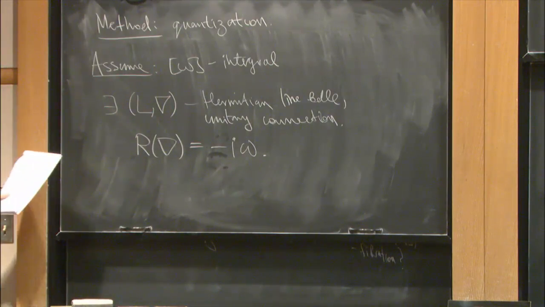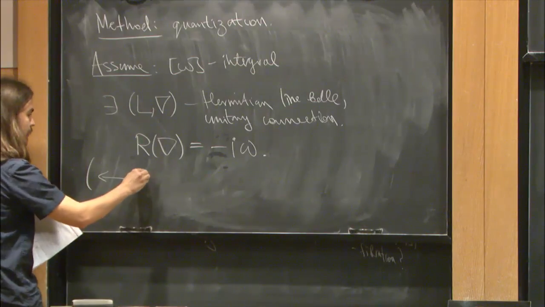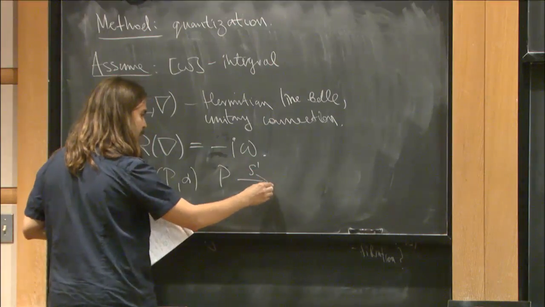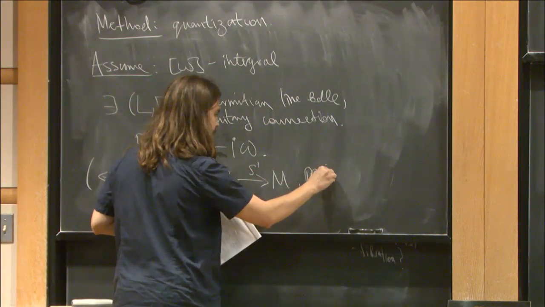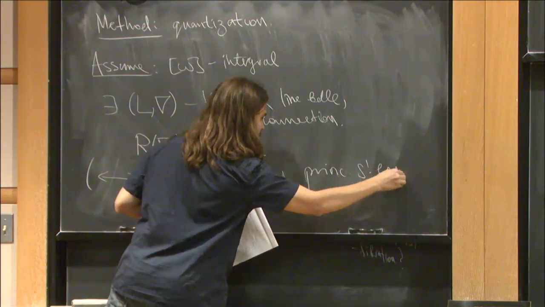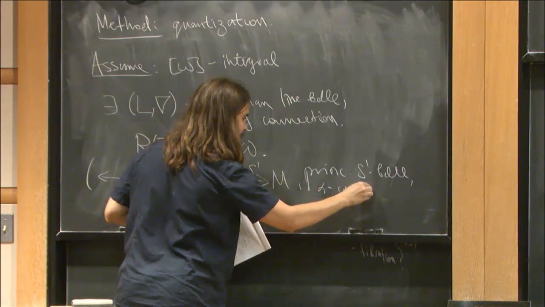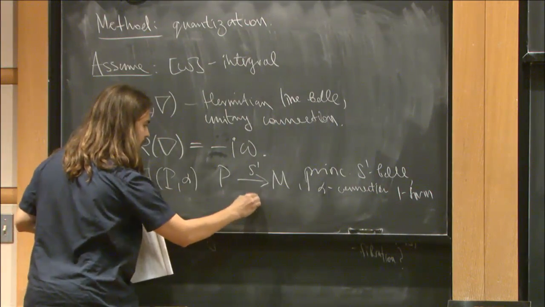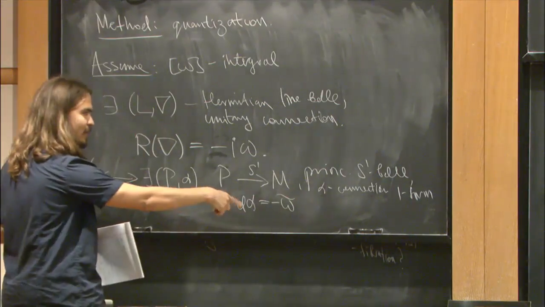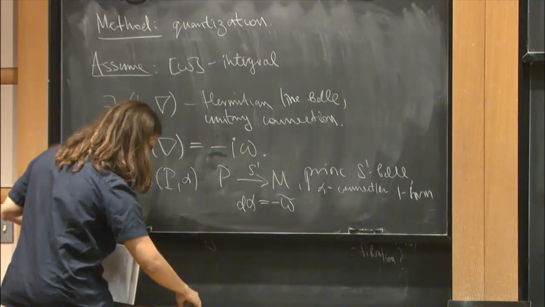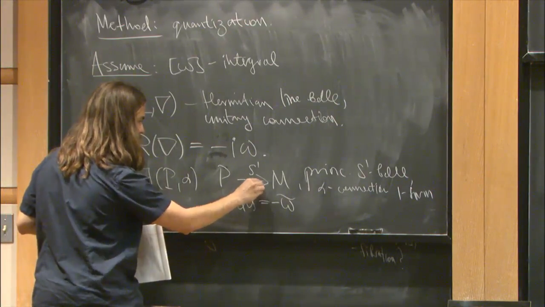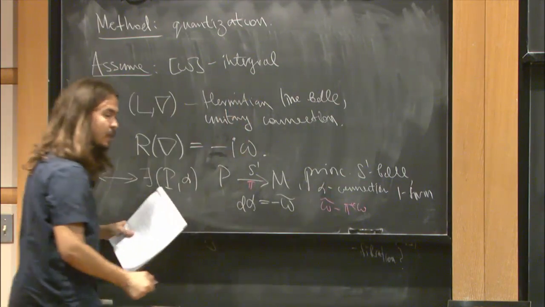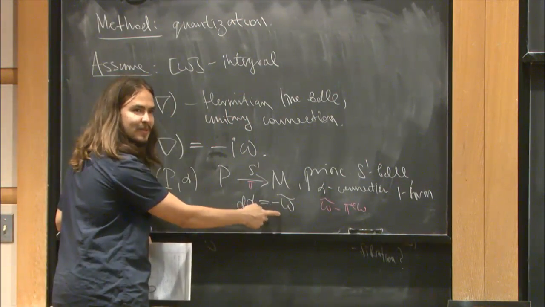All right, and this is the same as to say that there exists P alpha, where P is a principal S1 bundle, alpha is a connection 1-form, and d alpha is minus omega tilde. And omega tilde, once again, is the lift: if this is pi, then omega tilde is pi star mu. And this minus is kind of strange, but OK.